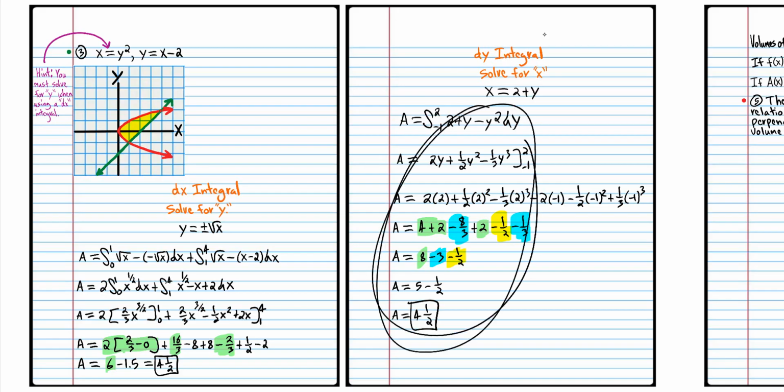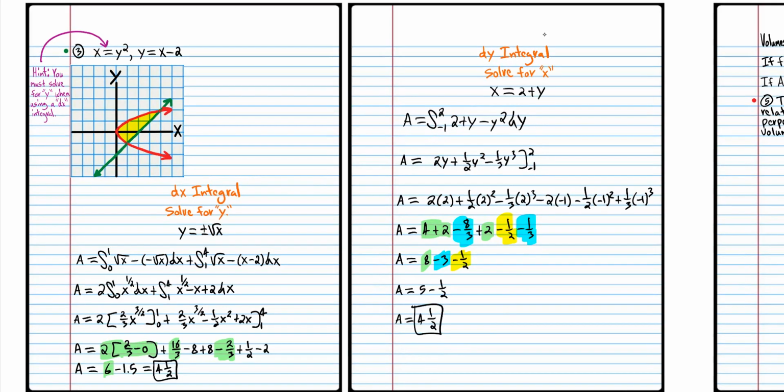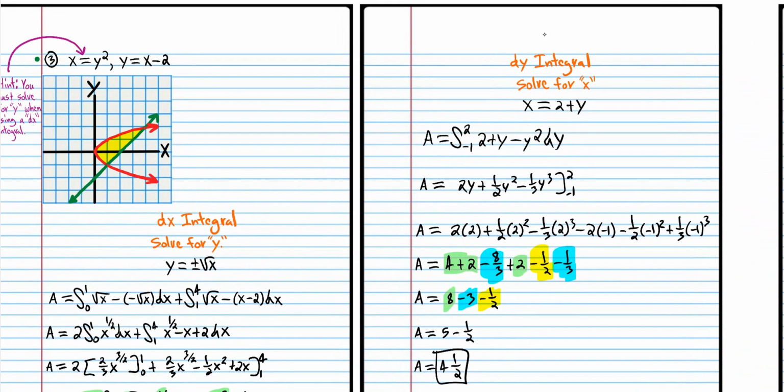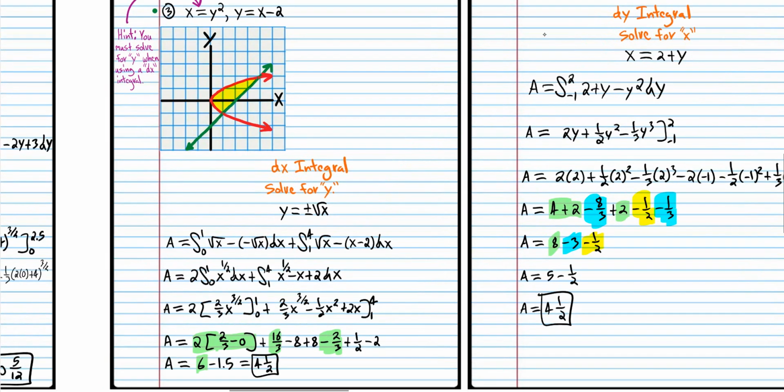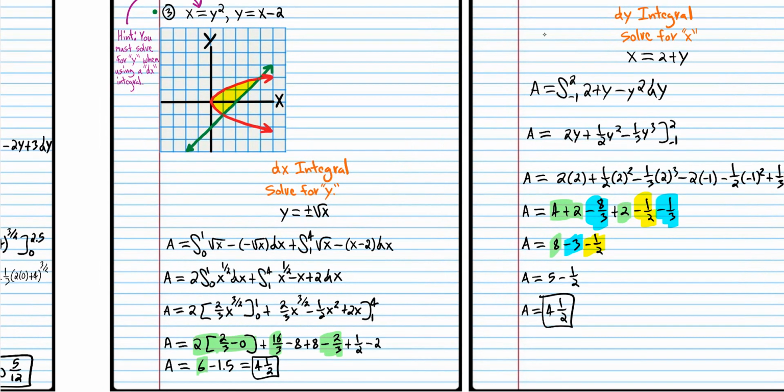So with this integral, we're technically using x values. You see this orange x value, that's the x value of the green graph, and you're subtracting the x value of the red graph. Over here, we're using y values. You have the y value of the red graph, and then you're subtracting the smaller y value of the red graph.